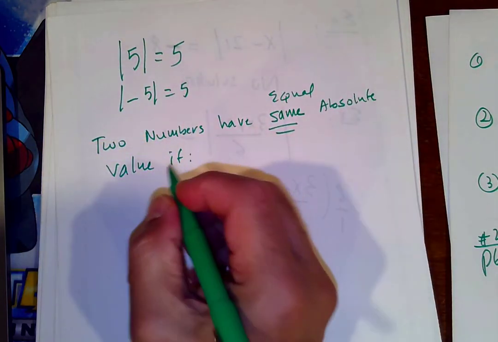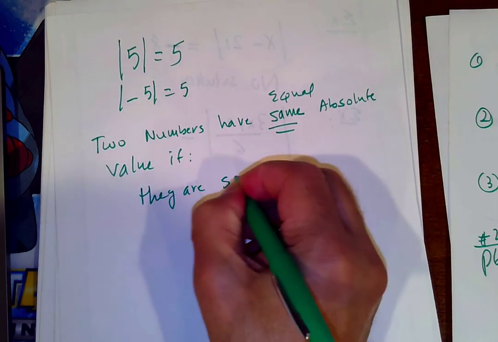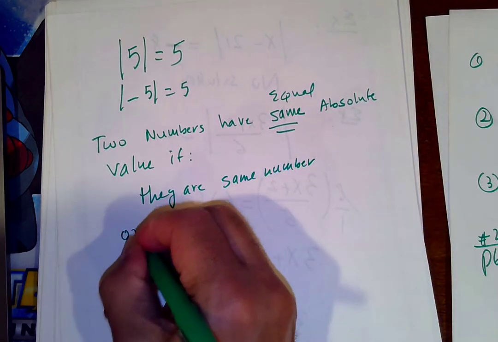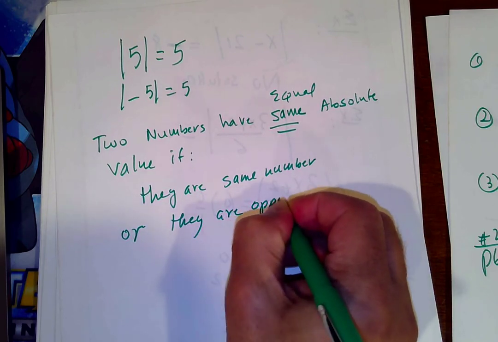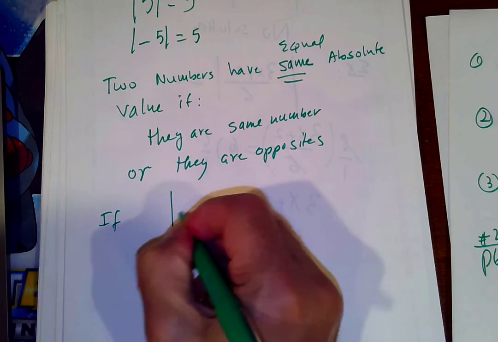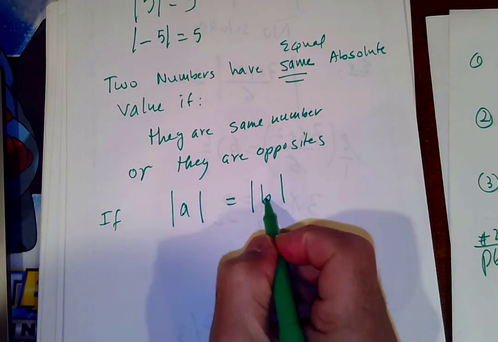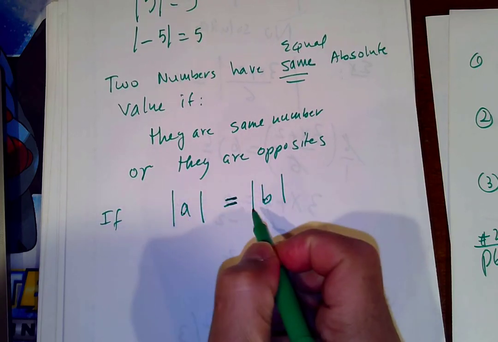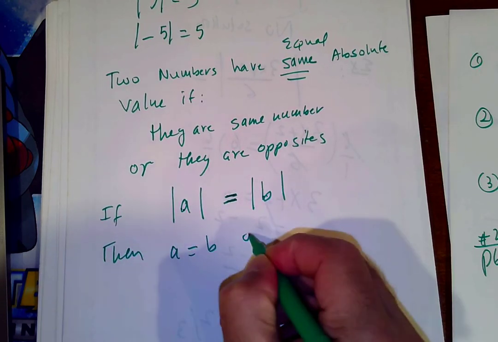So the numbers could be equal, the same number, or they're opposites, like 5 and -5. For example, if the absolute value of A equals the absolute value of B, two numbers A and B have the same absolute value, that means they're equal, like A equals B, or they're opposites.